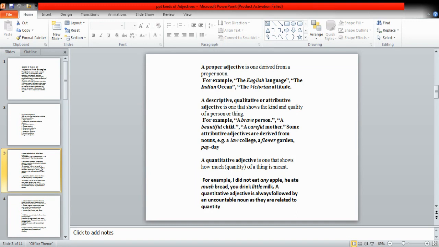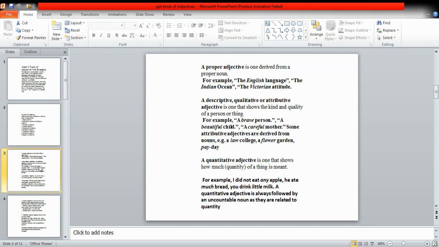Fine? When I say Indian, it is derived from a proper noun which is India. When I say Victorian, it is derived from a proper noun which is Victoria. So whenever an adjective is derived from a proper noun, it will be called a proper adjective.